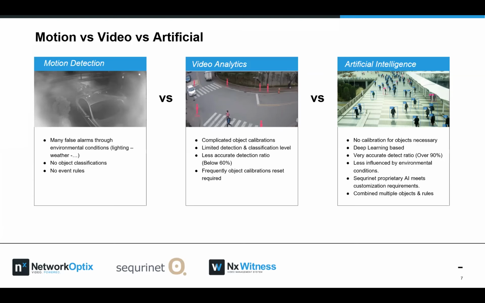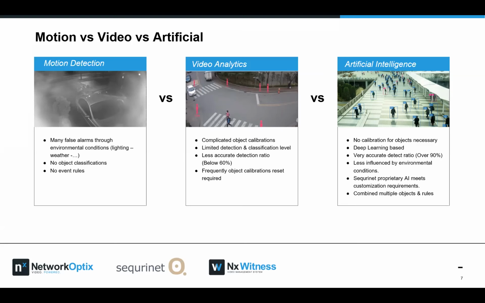If you start looking at real artificial intelligence and the deep learning or self-learning artificial intelligence, the burden of calibration goes away to a very large extent. Your accuracy of detection gets well over 90%, at least on ours, and I can show you some numbers on that.